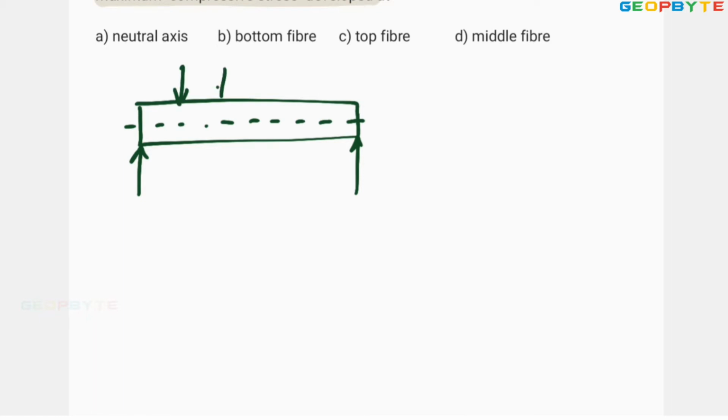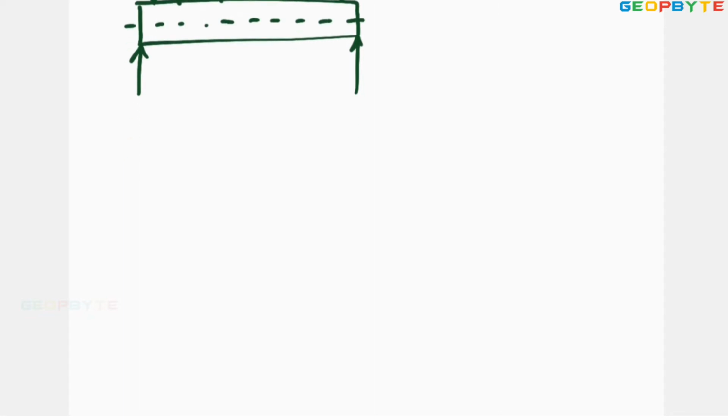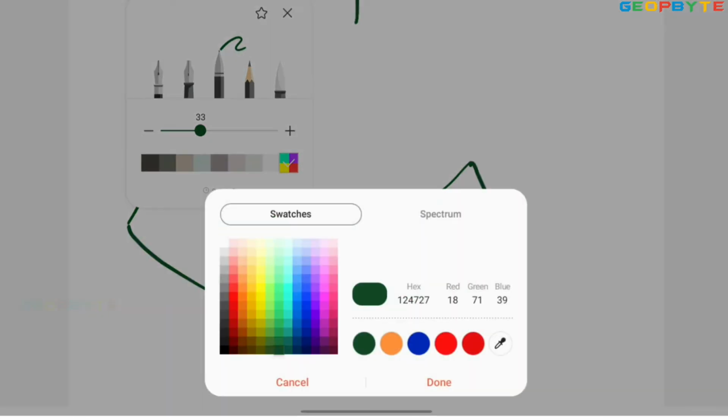Once it is loaded, the beam may be bending like this. The neutral axis of the beam may be like this. This is the neutral axis.